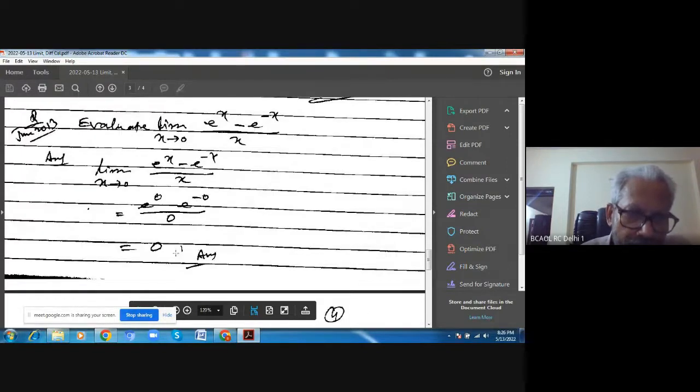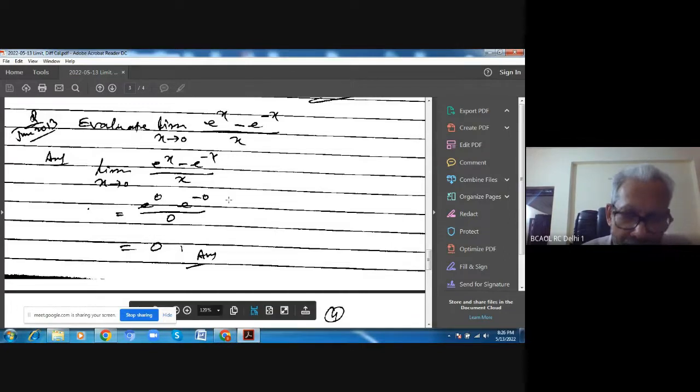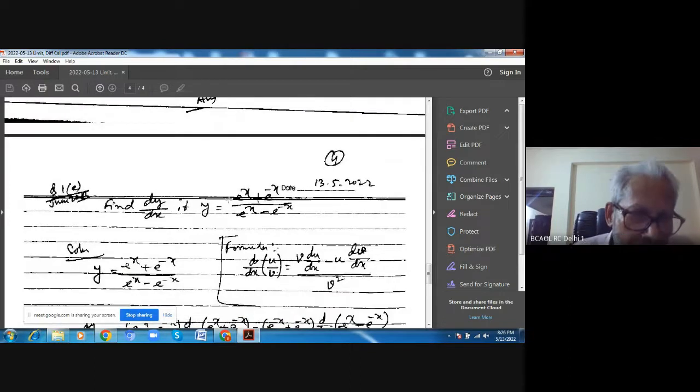It is totally 0, nothing else. And this is for 5 marks. Just imagine, it may be hardly 1, 2, 3 steps, and the limit is x tends to 0. So definitely it will be 0, because when you put the x value, ultimately it is 0. Anyway, you only have to clear the concept.